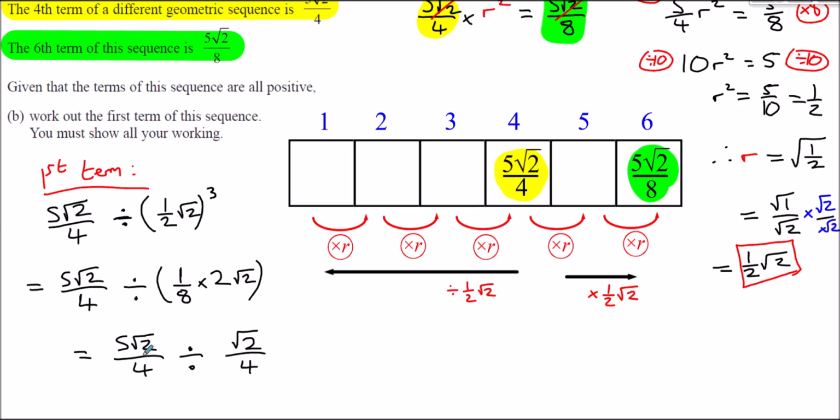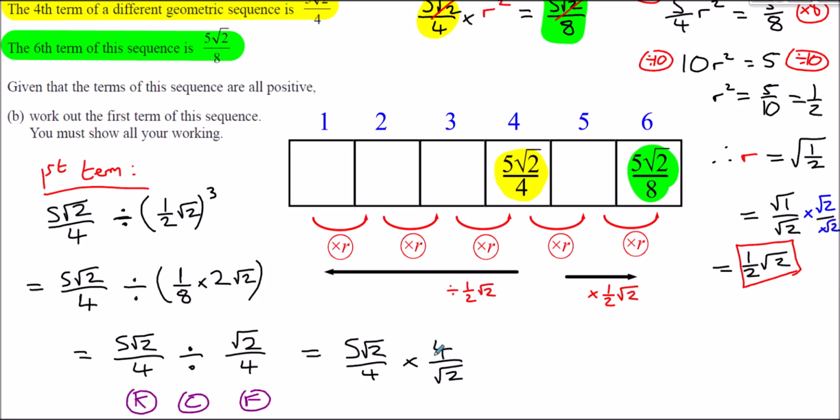Now, to go from one fraction divided by another and actually work out what that fraction is, it's obviously the good old keep, change, flip. So we're going to keep the first fraction, change the divide to a multiply, and flip the last fraction by taking its reciprocal. So we're going to have 5 root 2 over 4 multiplied by 4 over root 2.